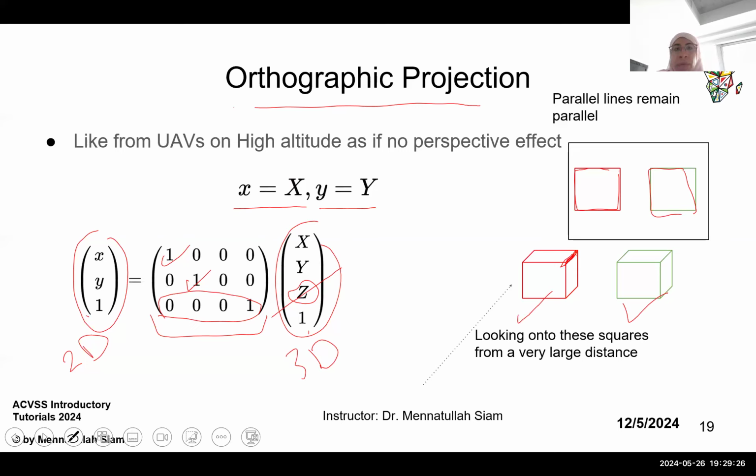This is like having a camera that has almost no perspective effect because it's, for example, very far away from a scene, like very high altitude UAVs, where you can use orthographic projection. But again, it also depends on the type of the camera. It's just a way to describe specifically how to take a 3D point to a 2D point. Okay.